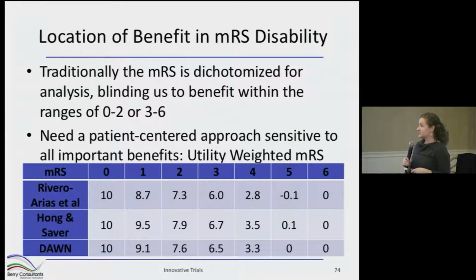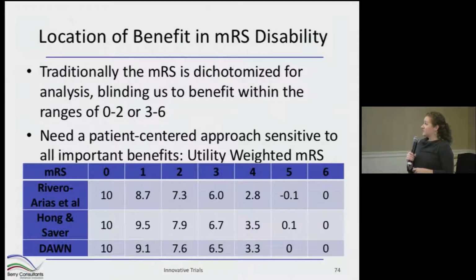So this is the 7-point scale. Typically in the analysis of these types of trials, the scale is dichotomized. So for example, we look at patients who had an outcome of 0, 1, or 2. So these are good outcomes. Patients have small to no symptoms. And we count the rate of patients who have an outcome of 0, 1, or 2 versus those that have 3 through 6, kind of a responder rate analysis.